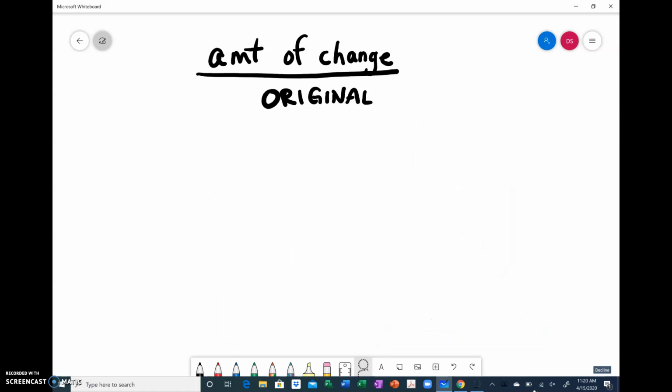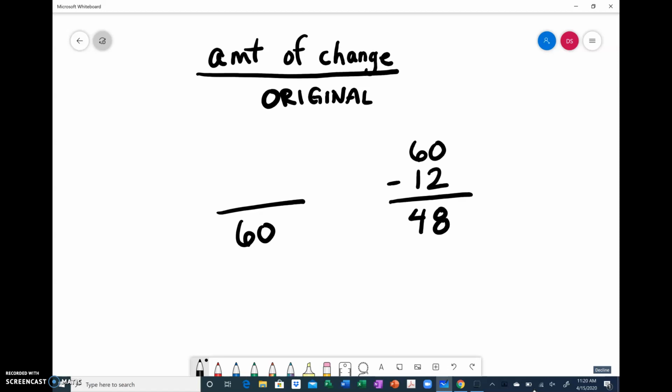Okay, last one in this section of percent of change, number 3. It tells us that the original amount was 60 and the new was 12. So that's a decrease. I'm going to subtract. I'm going to get 48 as my amount of change.